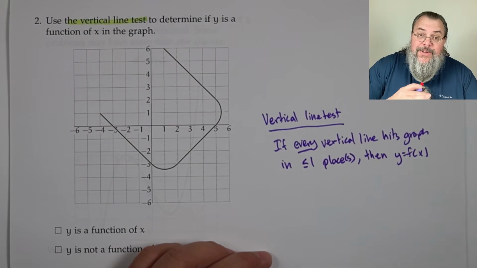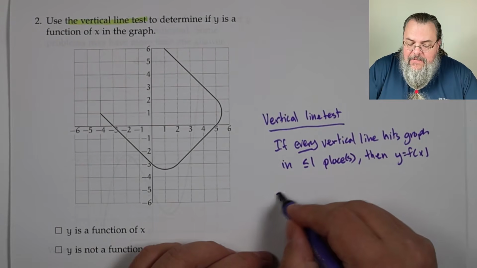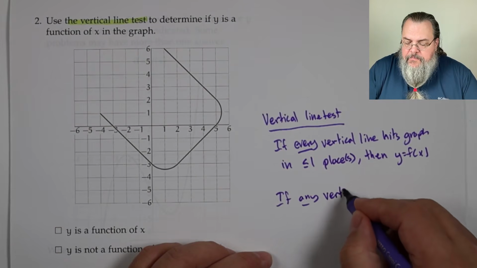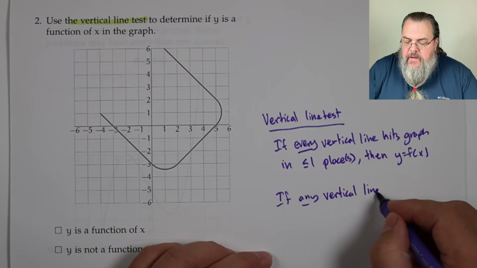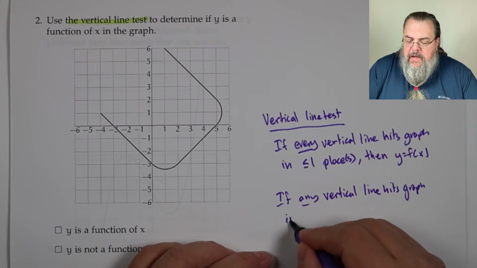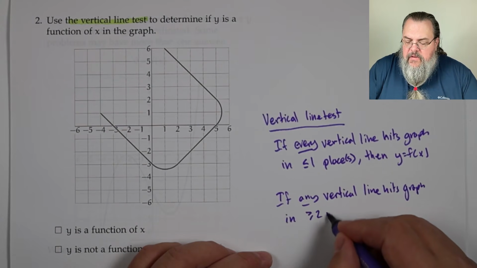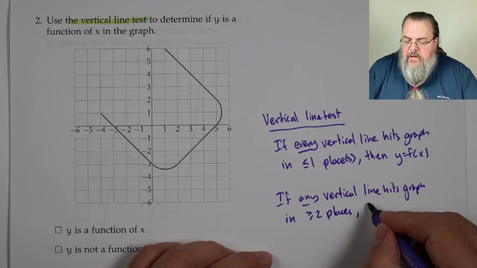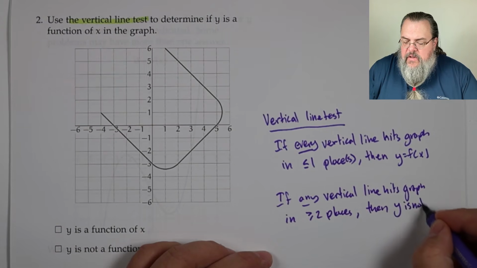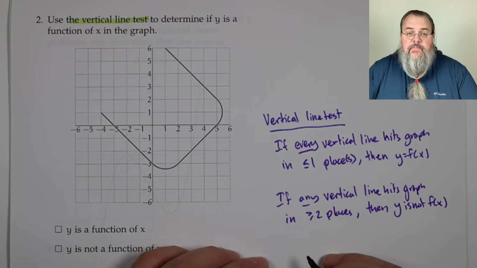A different way you can say this is if any vertical line hits the graph in at least 2 places, then y is not a function of x.